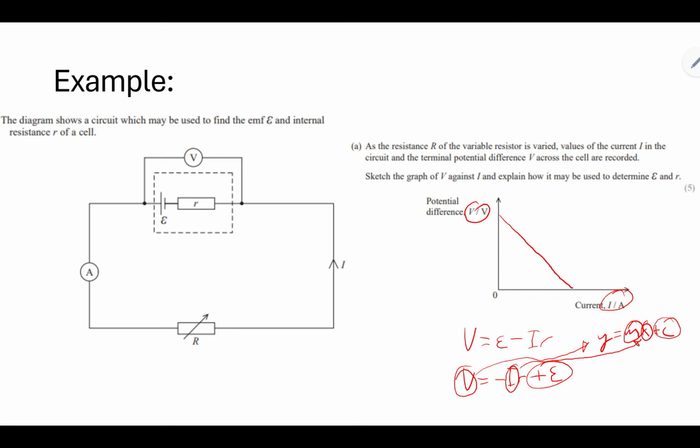And as c is E, we can label the y-intercept as c, because c is the y-intercept. And we can just label the gradient as negative R. And that's it.